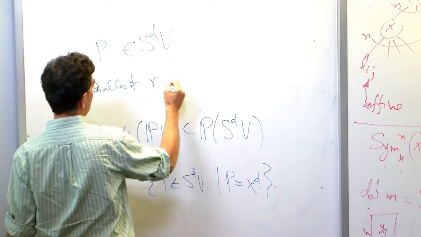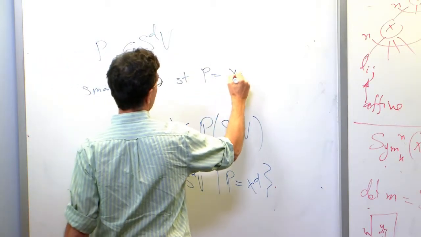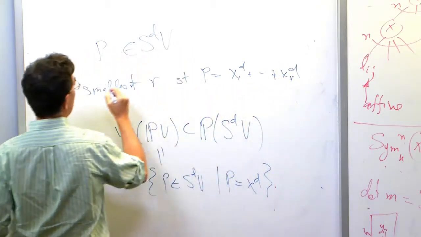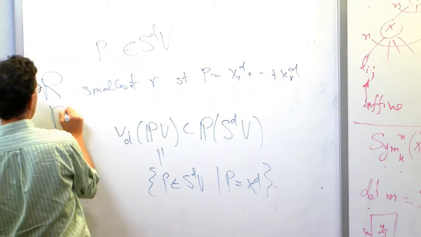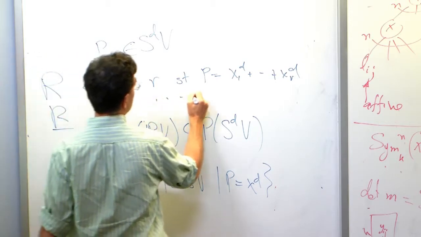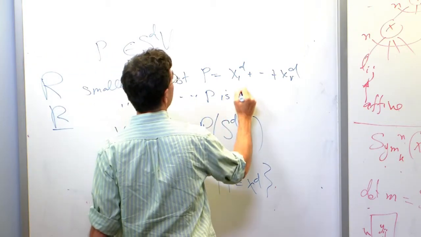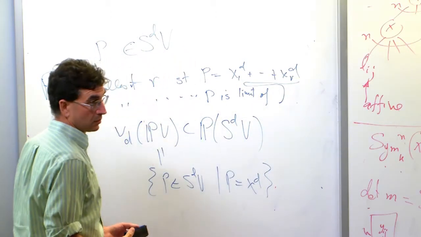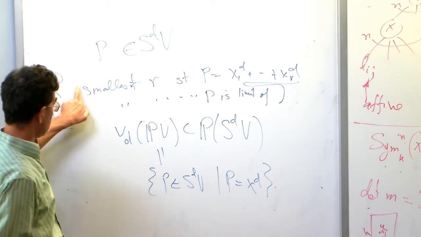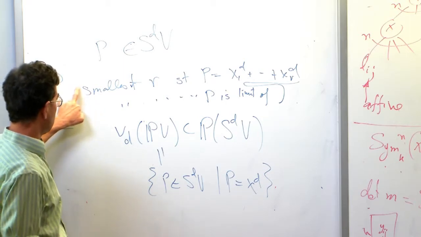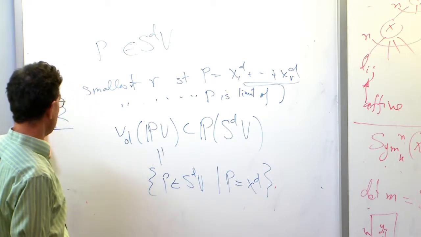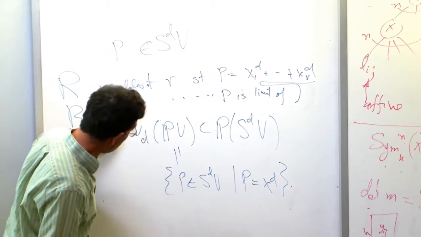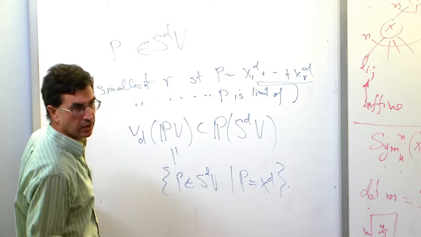It's the smallest r such that P is some x1 to the d plus up to xr to the d. Let's call that r, and then we have r under bar, the smallest r such that P is a limit of things like this. So these are things of border rank at most r, and these are things of Waring rank r. And the question is how different can these two numbers be?